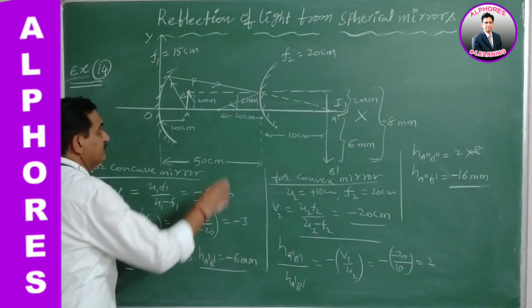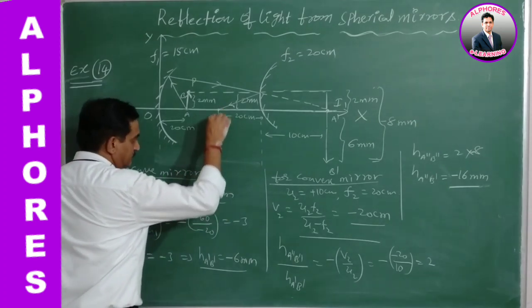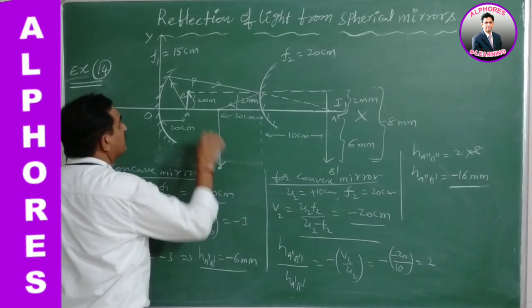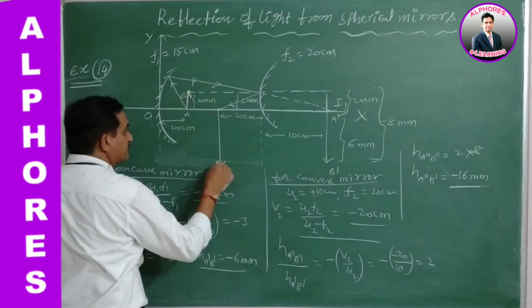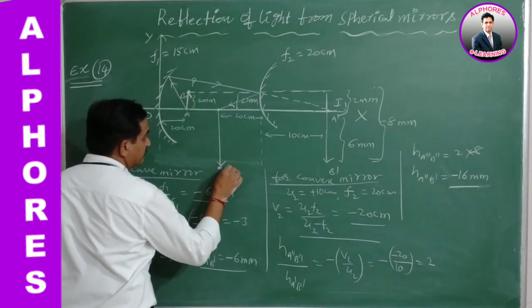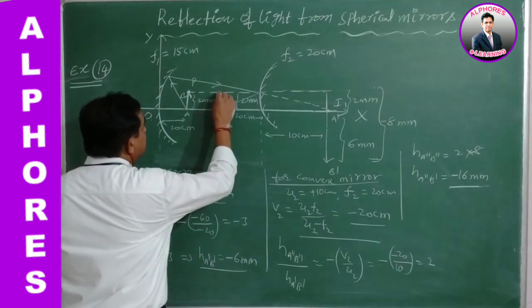But coordinates, see, here it is, remove this. This is the final image formed. This is point P, and its corresponding final image is here. Okay. Now, at what distance?